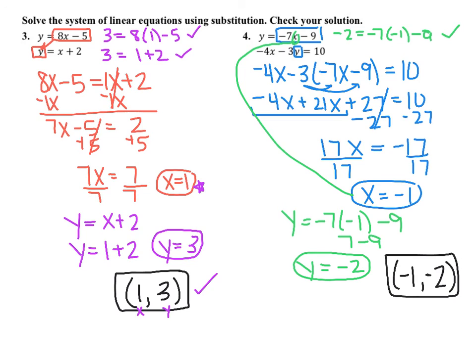Or I could just do the math in my head. And the last one, negative 4 times negative 1 minus 3 times negative 2 is supposed to equal 10. Negative 4 times negative 1 is positive 4. Negative 3 times negative 2 is positive 6. 4 plus 6 is 10. So I can say that I checked my work and that negative 1, negative 2 is a solution to this equation.